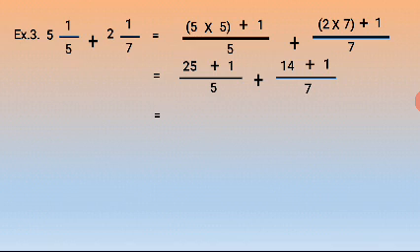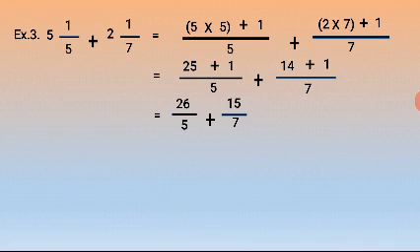Now we calculate the sum of the numerators of each fraction. Next step, 25 plus 1, 26, plus 14 plus 1, 15 upon 7. In these two fractions the denominators are different, means these fractions are unlike fractions. When we take the sum of unlike fractions, first we make the denominators the same value.